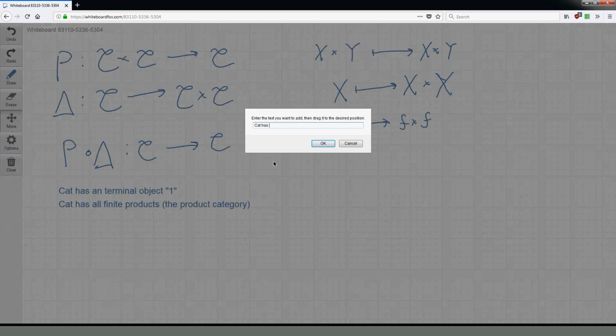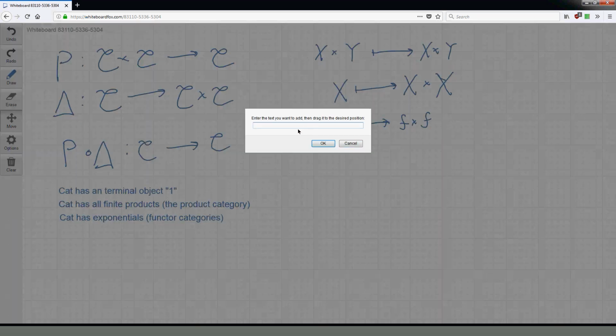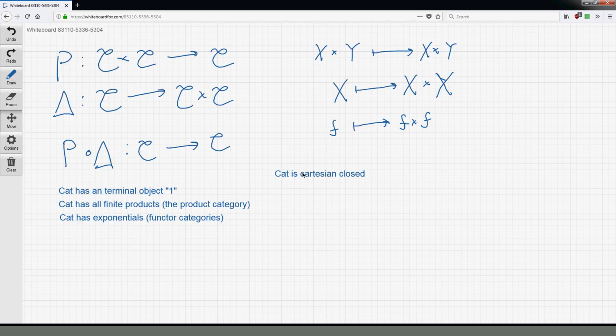So since we have all three of these, we know that... right.